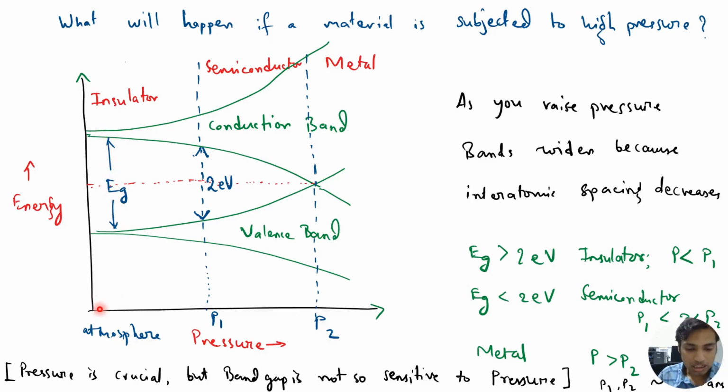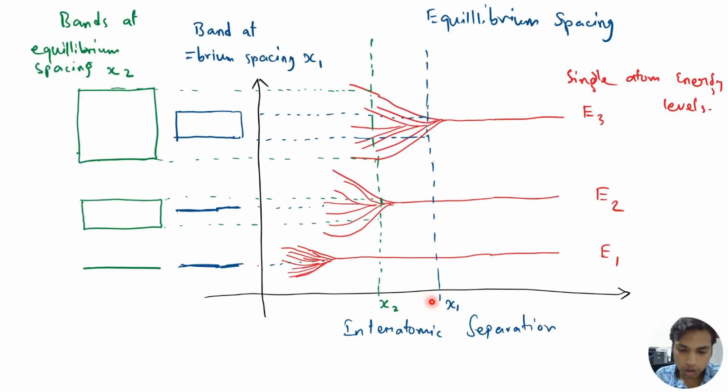As you apply higher and higher pressure, the interatomic separation will decrease, the band gap will decrease, and the bands will start getting wider.